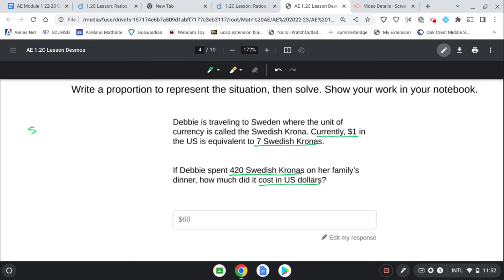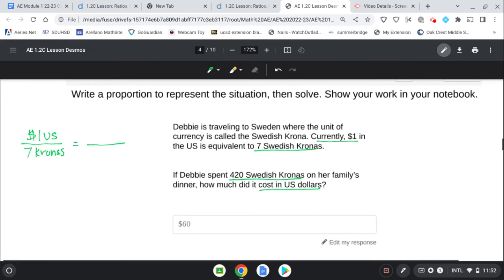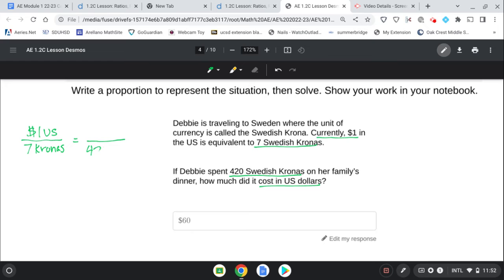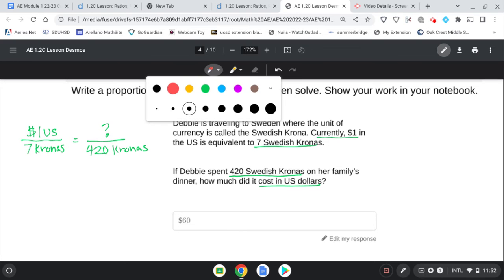So let's set up a proportion. $1 is equivalent to 7 kronas. So that would be equivalent to, it says that Debbie spent 420 Swedish kronas. So we're going to write 420 in the denominator on the right side.